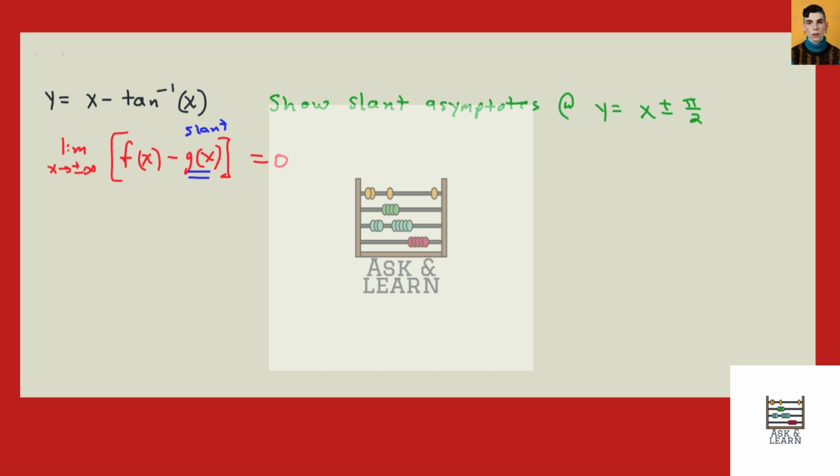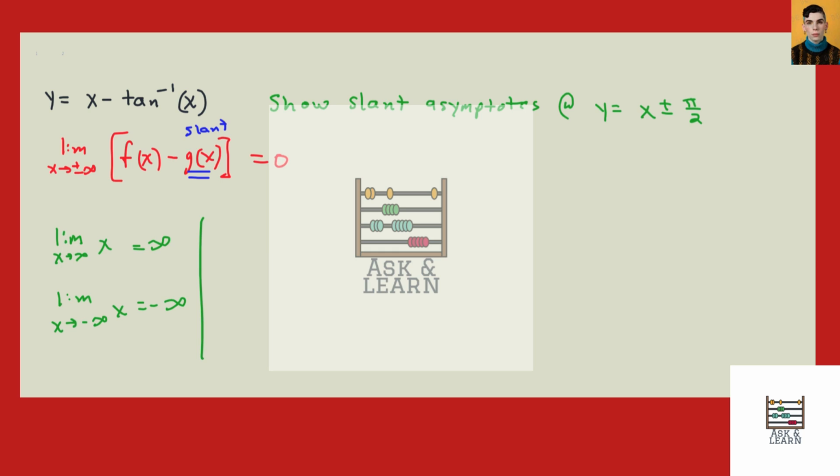All right, so let's first get some inspiration as to which of these we should use for plus and minus infinity. So we know the limit as x approaches infinity of x goes to infinity, and likewise for negative, this goes to negative infinity, so that doesn't really give us anything.